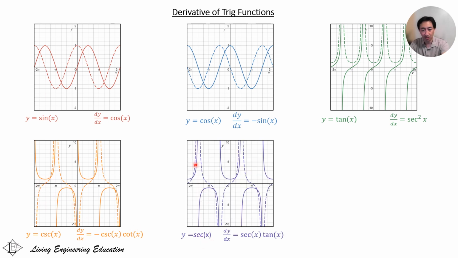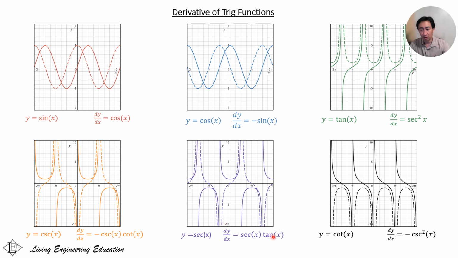Similarly, for secant, we see similar behavior with a phase shift, not surprisingly. And then for cotangent, this one looks very similar to the derivative of tangent. So we can reflect on this again when we look at the quotient rule.